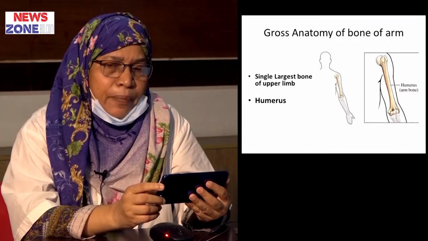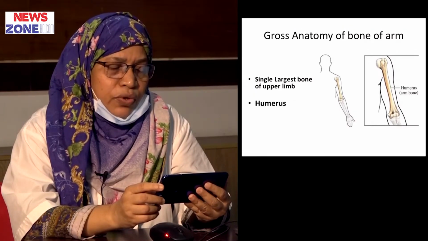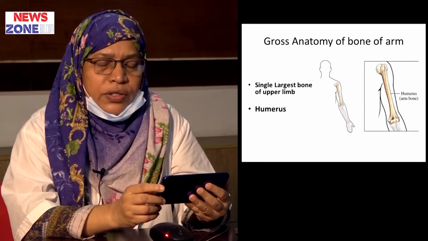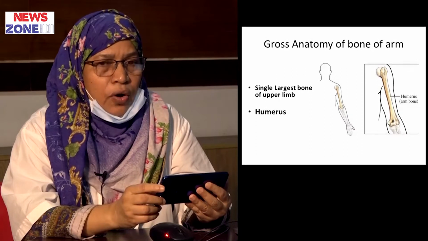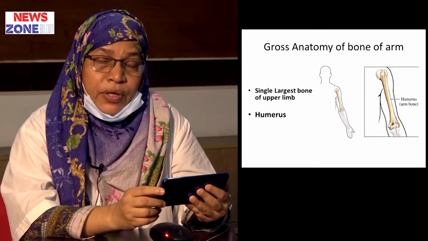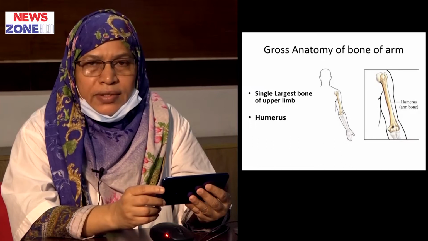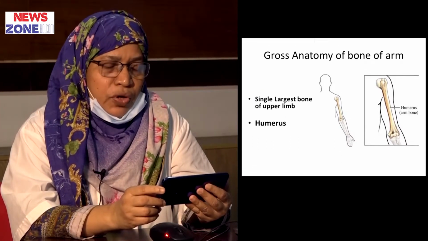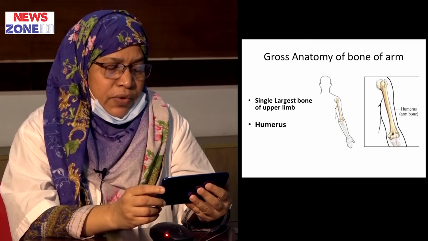How many segments does the upper limb have? There are about 4 segments. First is the shoulder, then the arm, then the forearm and hand. How do we distinguish the upper limb from the lower limb? There are about 4 distinguishing points. The upper limbs are not involved in weight bearing or ambulation, and the pectoral girdle is attached to the axial skeleton only anteriorly by mobile joints, the sternoclavicular joints.